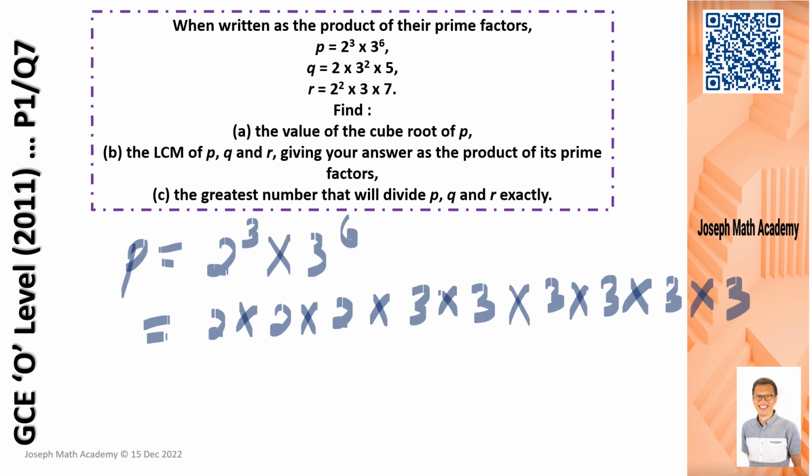In order for it to have a cube root, we must have sets of 3. So we have a set of 3. Let me use another color.